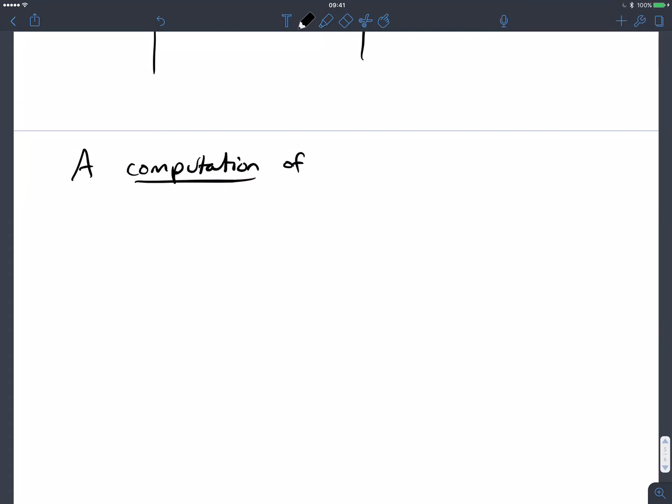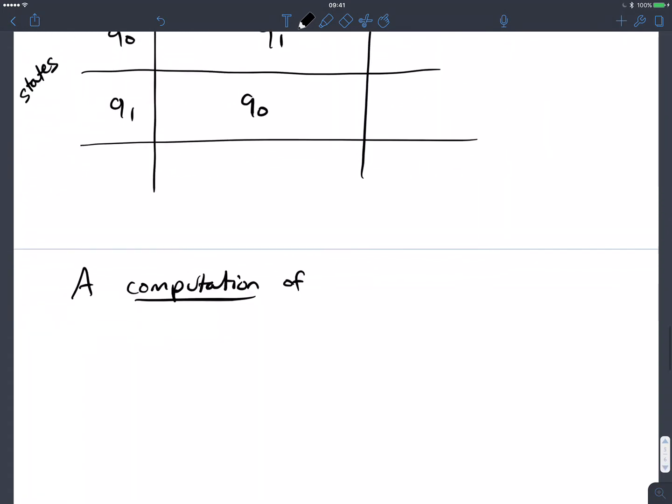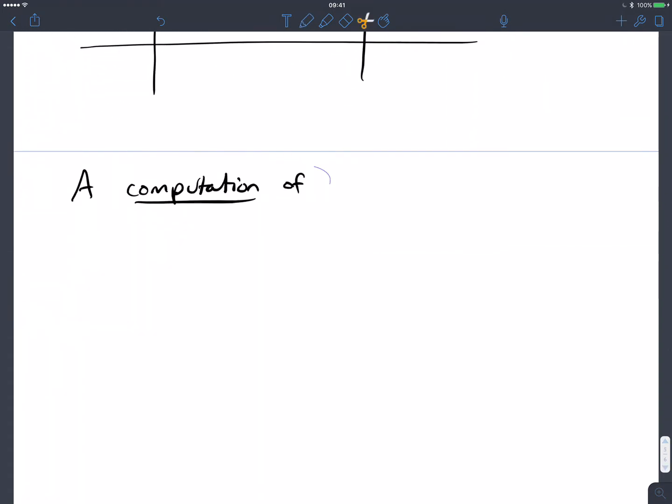I don't think that's very formal. So we need to give this for every possible DFA that exists and every possible string that exists. But before we get there, there are a few things that we need to worry about first.